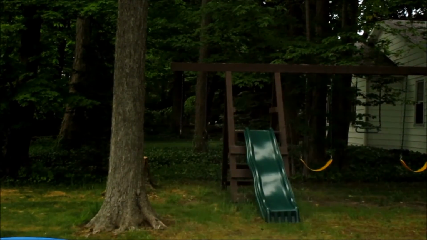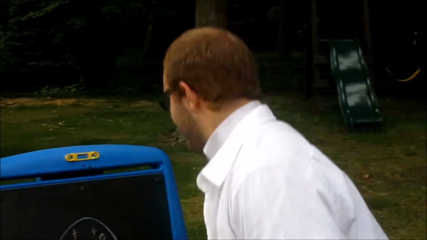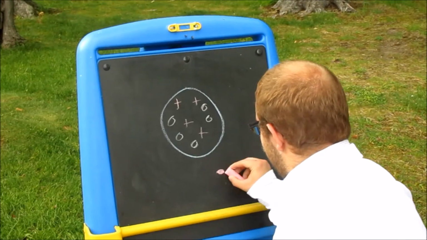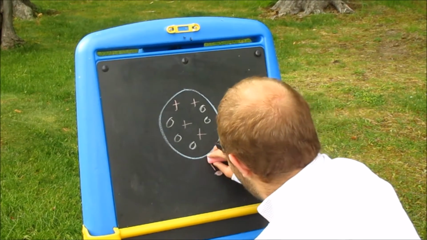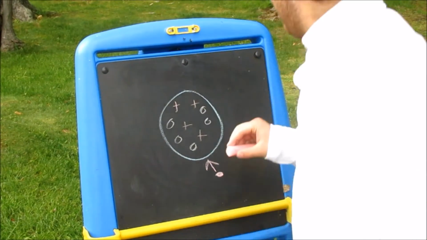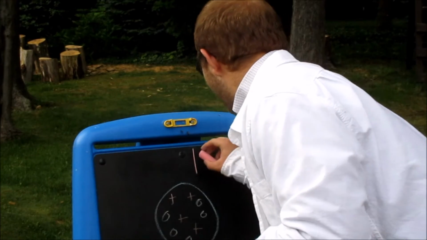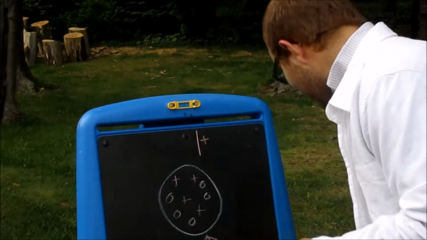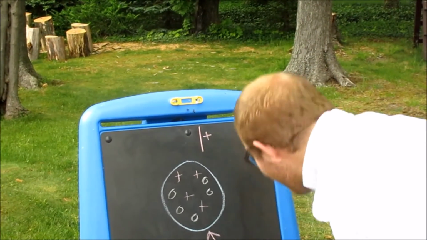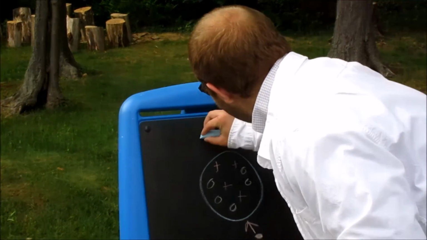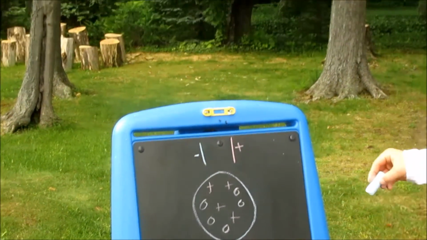In order to find out what these unknowns are, I will take an alpha particle and I will shoot it at the beryllium atom, and whatever comes out, I'm going to send that through a positively charged plate and a negatively charged plate. Let's begin.